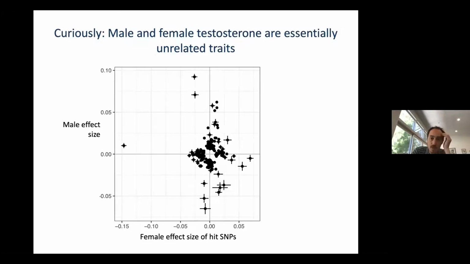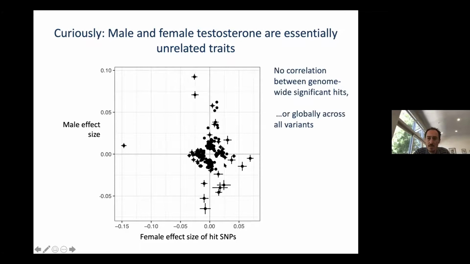One way to look at this is to take hits that are genome-wide significant in either males or females and plot the effect sizes in one sex against the other. And you can see here that there's no correlation at all. And when we do this genome-wide using LD score regression, we find that the genetic correlation between males and females again is 0. So this was really very striking to us.